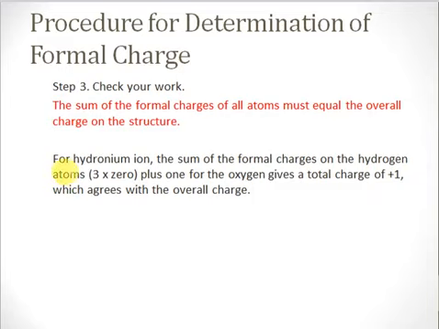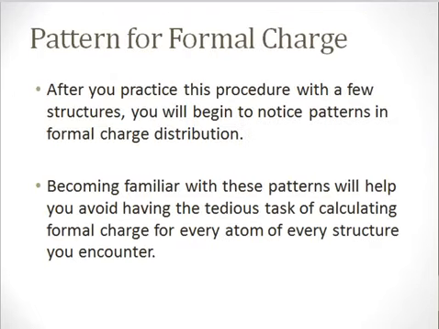So there were 3 hydrogens. We multiply this hydrogen charge with 3, 0, plus there was 1 positive charge on the oxygen, so +1, right? So 0 plus 1 becomes +1. It means our procedure is right, right? So in this way we can calculate the formal charge. Alright, so after you practice this procedure with a few structures, you'll begin to notice that there's some pattern.